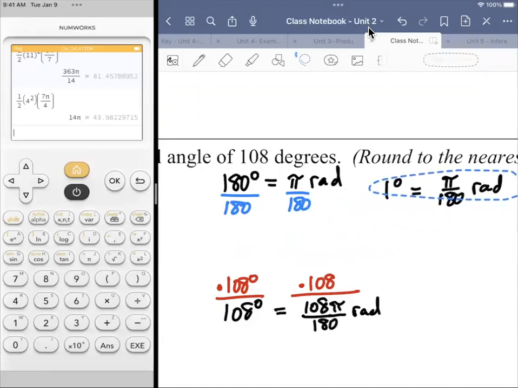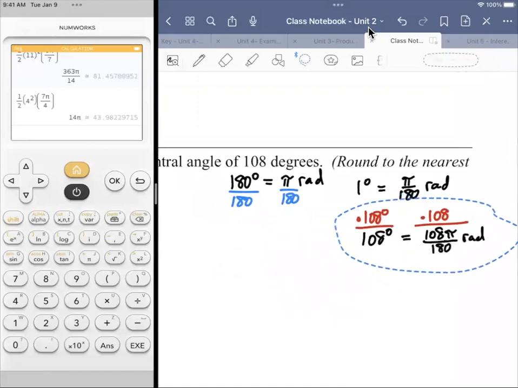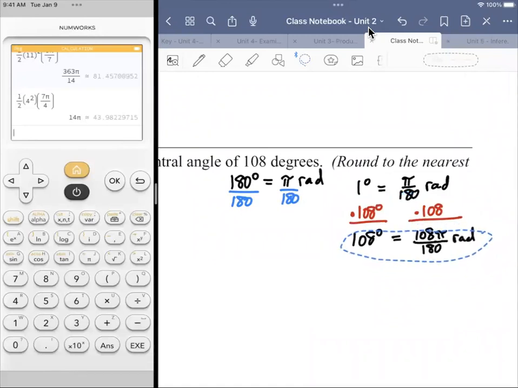I'm not doing it the long way for the sake of it; I'm doing it so that you can see and really feel where all this comes from. You could simplify the 108 over 180 if you want, but it's not necessary because we're going to put it into a calculator anyway.